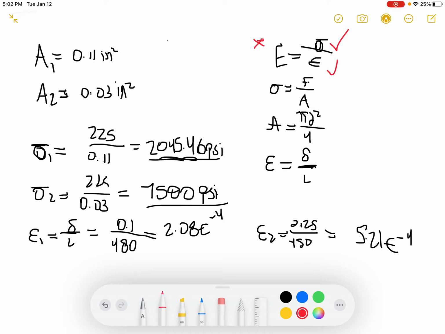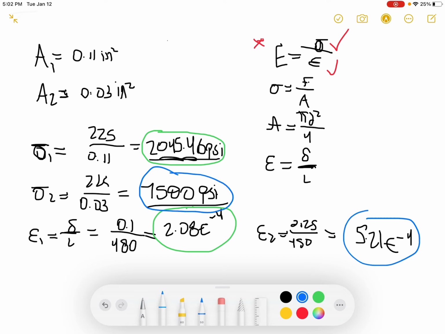So for both of them, we need to divide. Here's the answers that we got for wire 1. Wire 1, stress. Wire 1, strain. Wire 2, stress. Wire 2, strain. So we need to divide the two things. So for wire 1, we divide those two numbers.